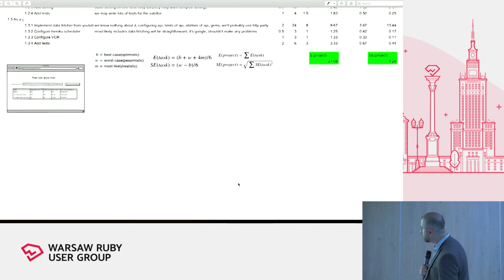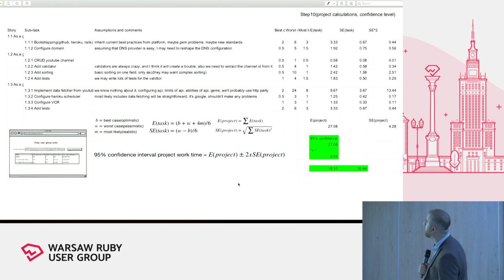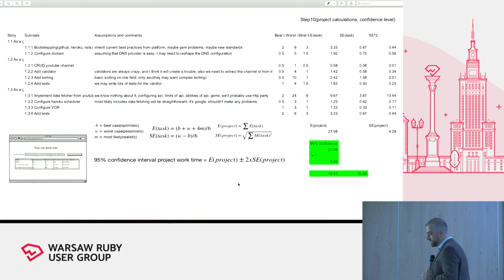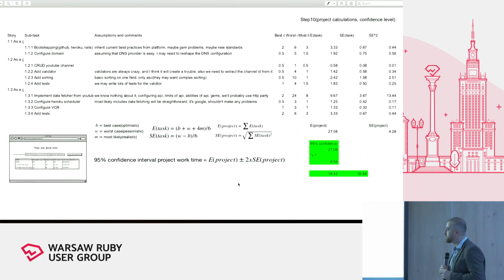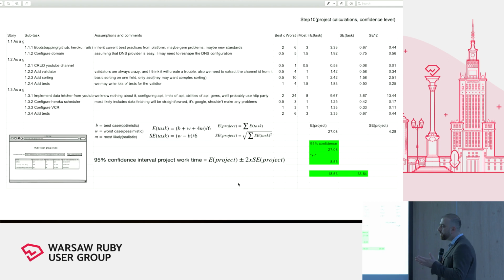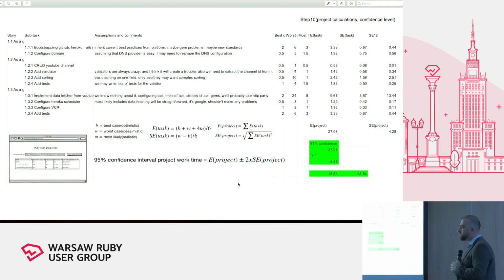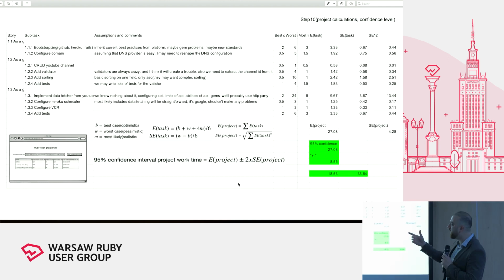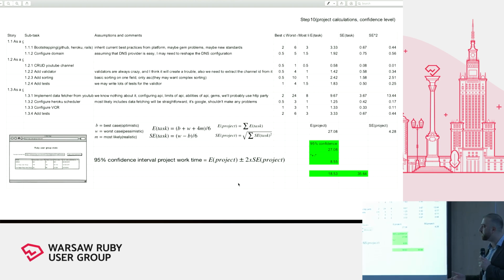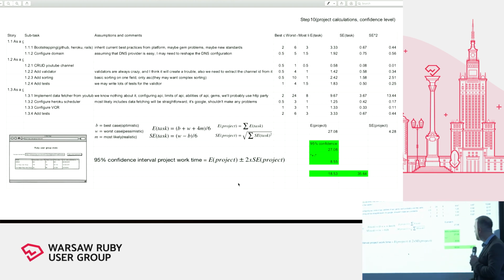Okay, so after doing that, let's apply the last thing, because it's step 10, as I promised. Let's apply the last thing that 3-point estimations are saying to us. For IT projects, they are suggesting, and I also really like, a 95% confidence interval for project work time. So this is the formula.